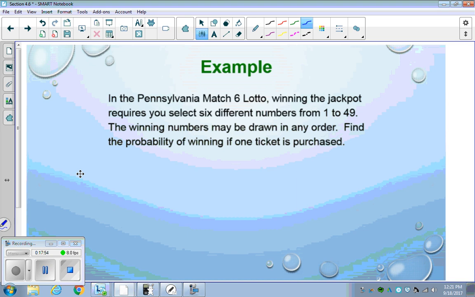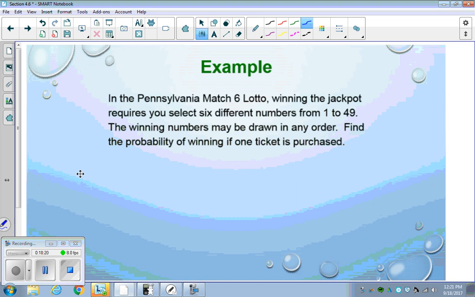Just as long as I get those 6 numbers, I win. I don't have to have them drawn in a certain order. As a matter of fact, when you see results of Powerball or Lottos or whatever, they just put them in numerical order. That's all. They didn't draw them in that order. Okay? So what am I going to do? Find the probability if 1 ticket is purchased.